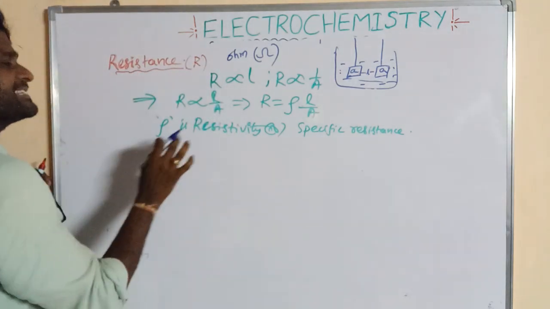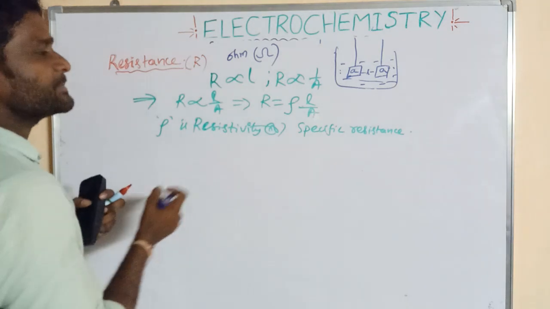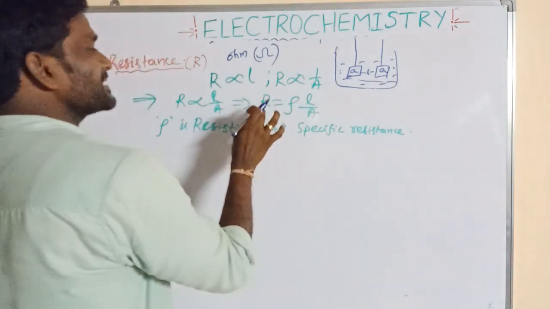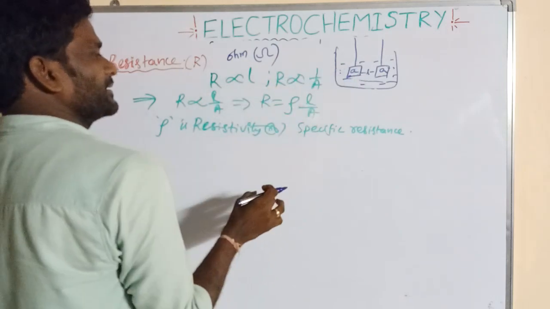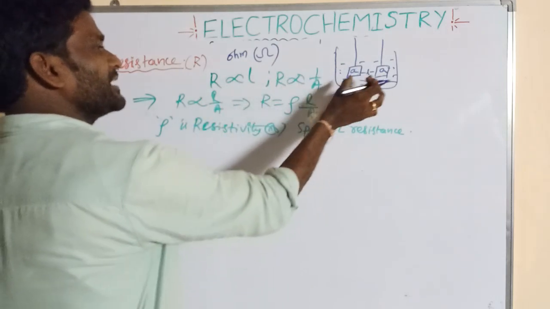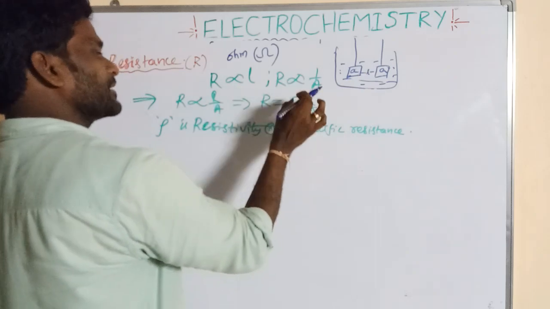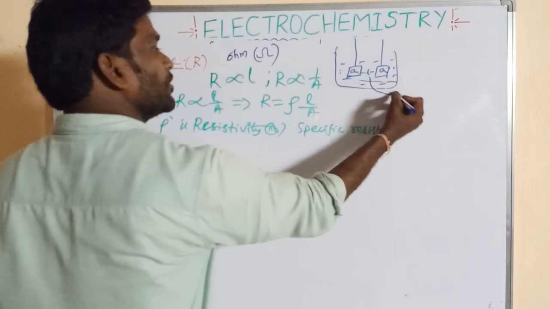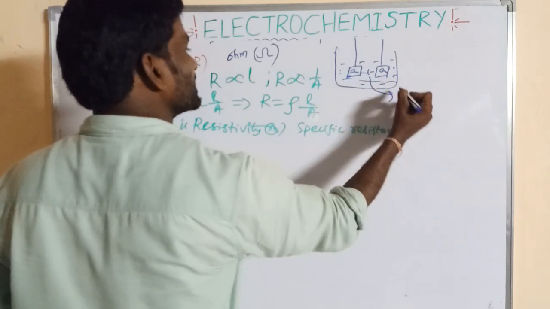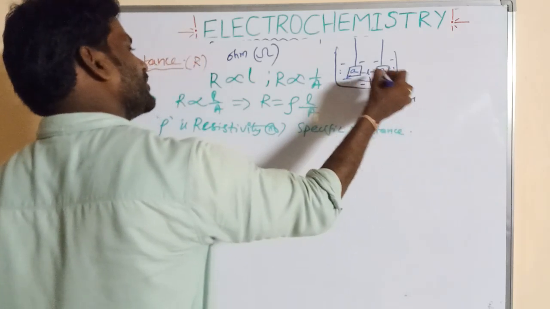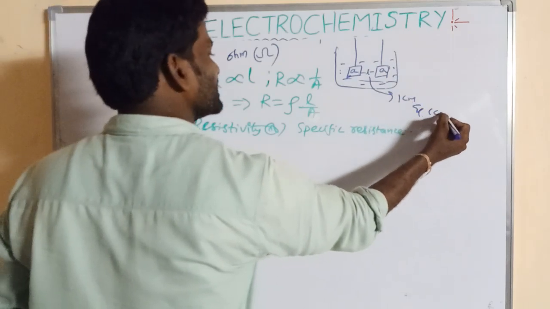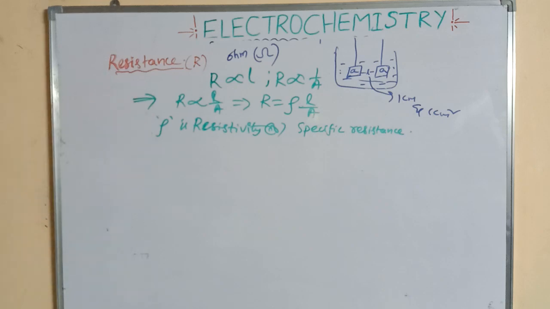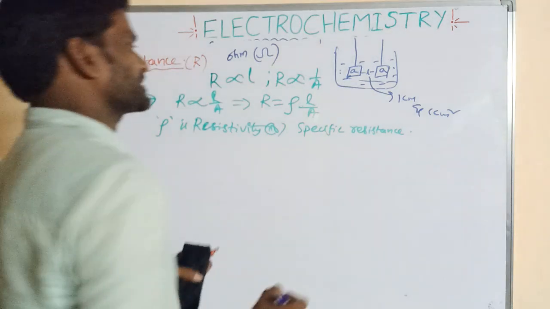Now, resistivity or specific resistance. The resistance of an electrolyte when the electrodes are separated by 1 centimeter distance and the cross sectional area is 1 centimeter square is known as resistivity or specific resistance.